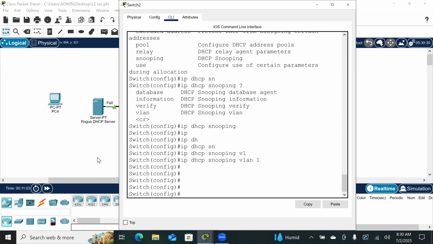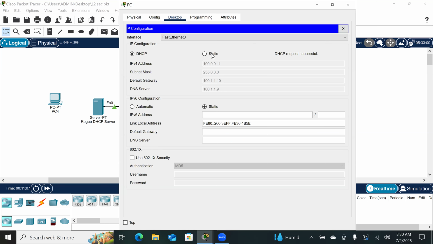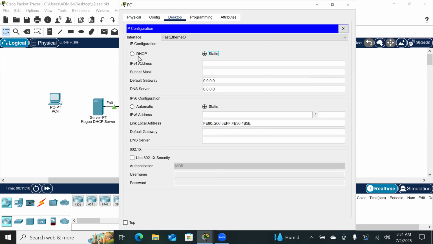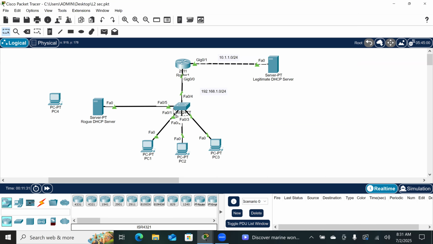Now let's check from where it's going to exchange the IP addresses, from the rogue server or from the legitimate server. What is it getting? It's getting an APIPA. Why? Because whenever I enable DHCP snooping on the switch, every port by default becomes untrusted.